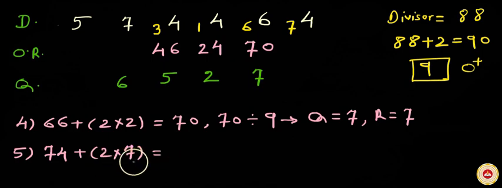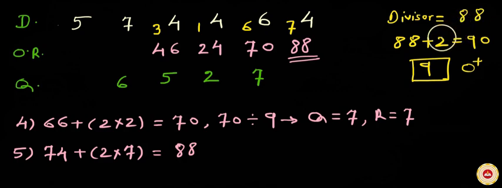So 7 twos are 14. 74 plus 14 is 88. So this 88 is the last osculation number, the last osculation result. Now friends, observe this 88. This last osculation result 88 is nothing but the divisor itself.